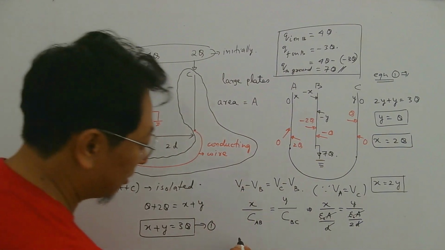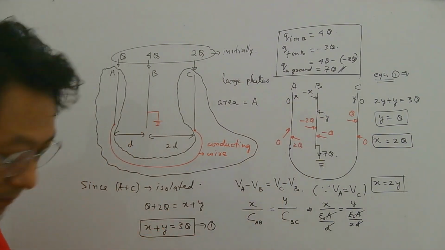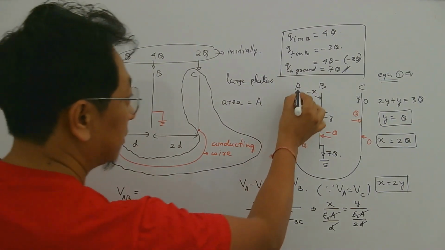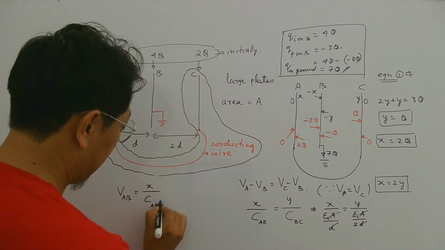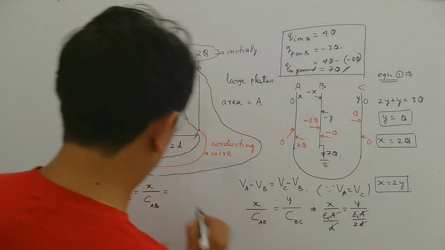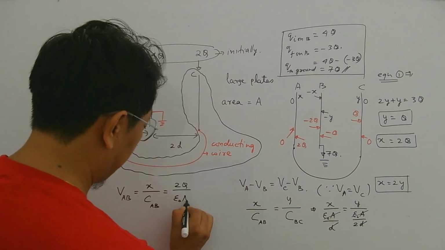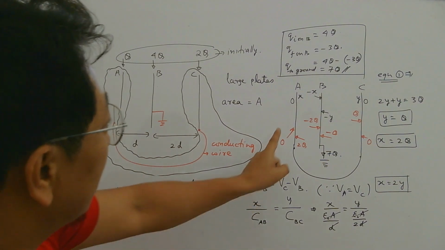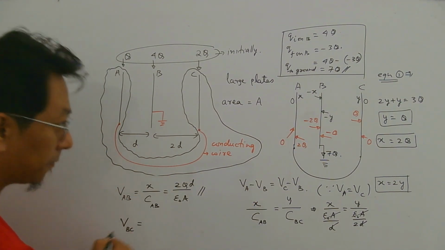And now, if they ask the potential difference between A and B, we can do it, right? Suppose in the same question, they ask you to find the potential difference between A and B. That will be the charge X divided by C between A and B. X, how much did we find? 2q, and C is epsilon naught A by D. So that would be the potential difference between A and B. What would be the potential difference between B and C?